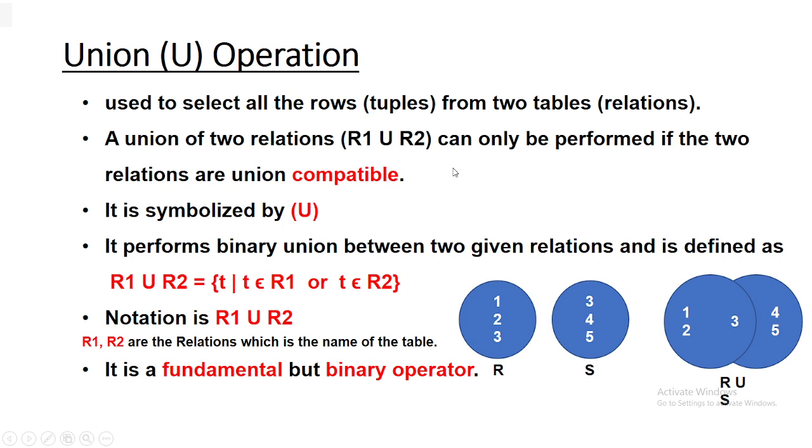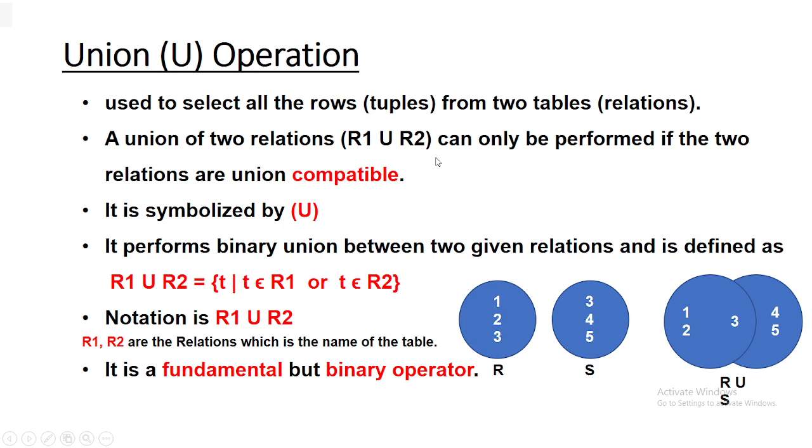And second, the domain of relation should be the same. Domain of relation means the corresponding attribute or column should have the same domain or type. Suppose in one table there are two columns. The domain of the first column of the first relation should be the same as the first column of the second relation.